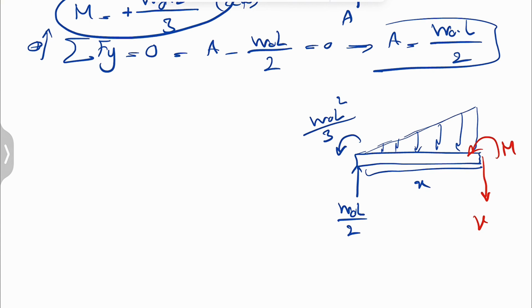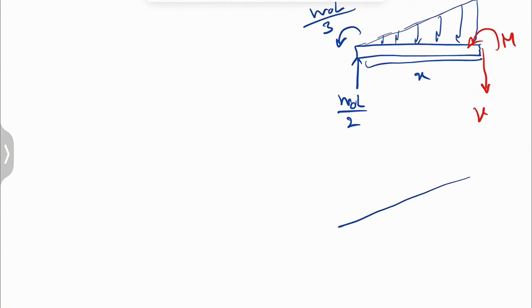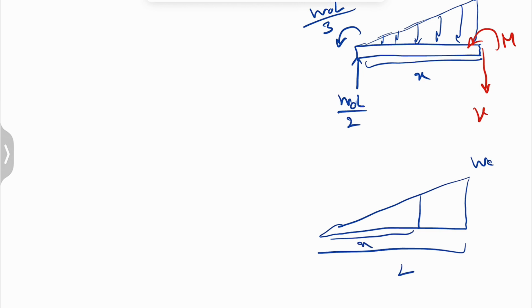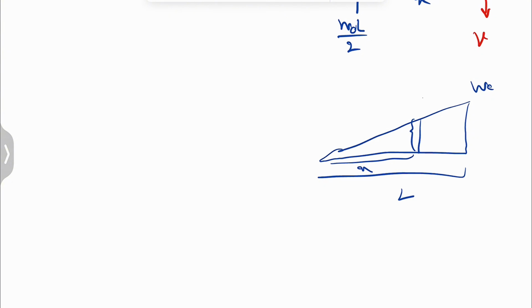But the tricky part of this is to figure out the maximum in here, and for finding that, we're going to use what we had in geometry, basically. For the distributed force, we had W0, and we have this distance L. What we call X is this side, and we are looking for this height. So we can call this maybe square.